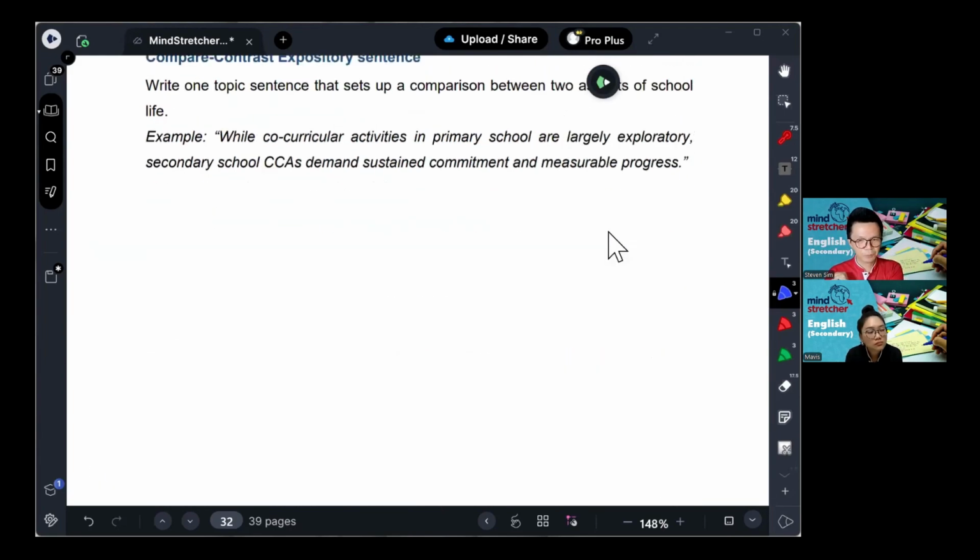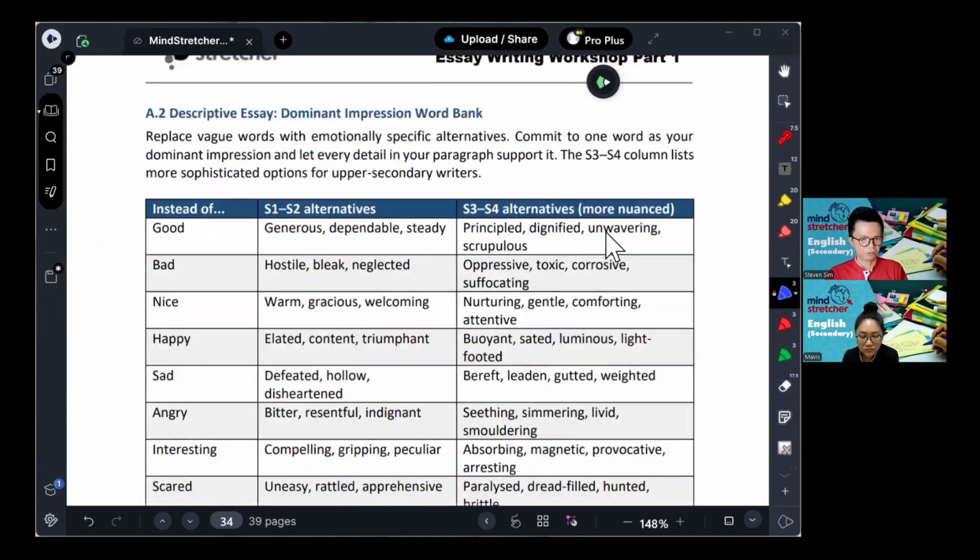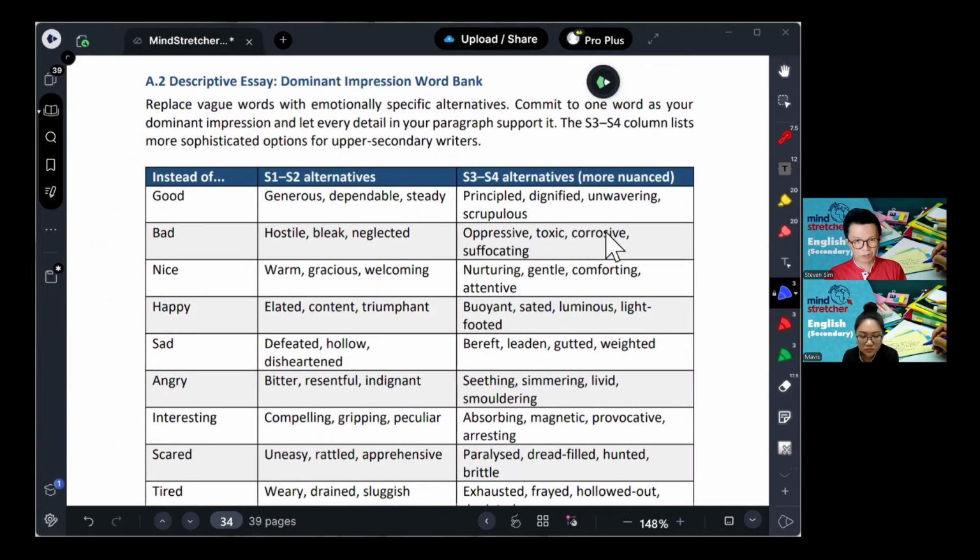Okay, so we have lots of examples given here. For example, if you're going to write a descriptive essay, Sec 1, Sec 2, this is your primary school, good, bad. Don't do this anymore, okay? Generous, dependable, steady. Sec 3, Sec 4, principled, dignified, unwavering, scrupulous.